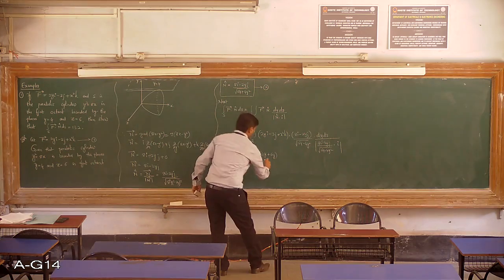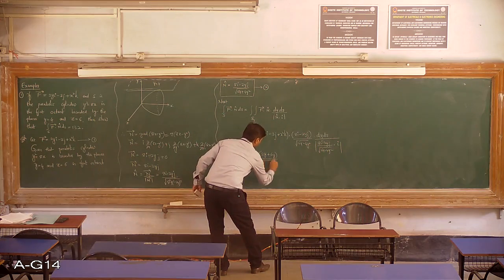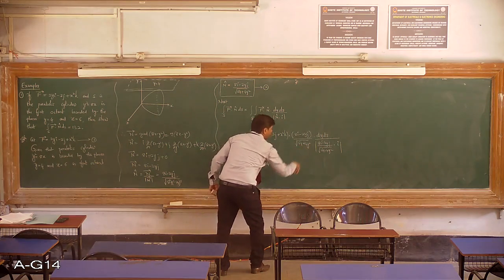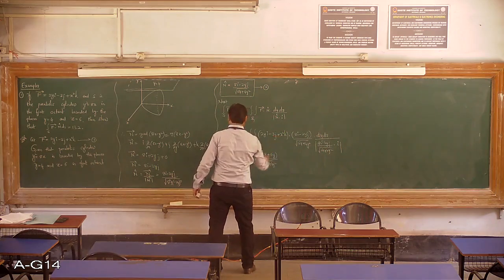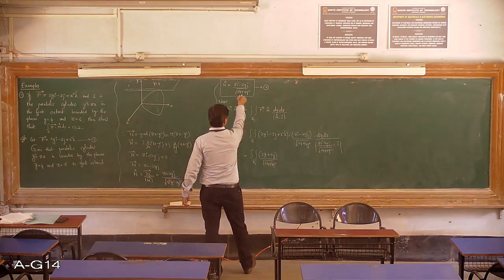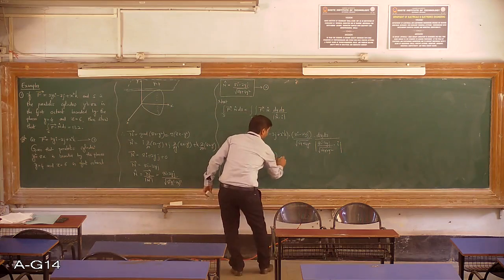So close the bracket, divided by square root of 64 plus 4y square. Not minus, this is plus. Even here also I have written plus.